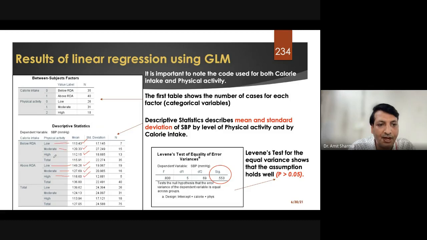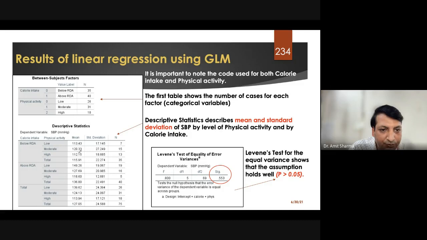Out of these six values, you have to find out which one is the maximum and which one is the minimum, that you can quote in your thesis. That is, the minimum systolic blood pressure was found under which physical activity group and which calorie intake group. How can you find it? We can see where we have got the lowest number or highest number.